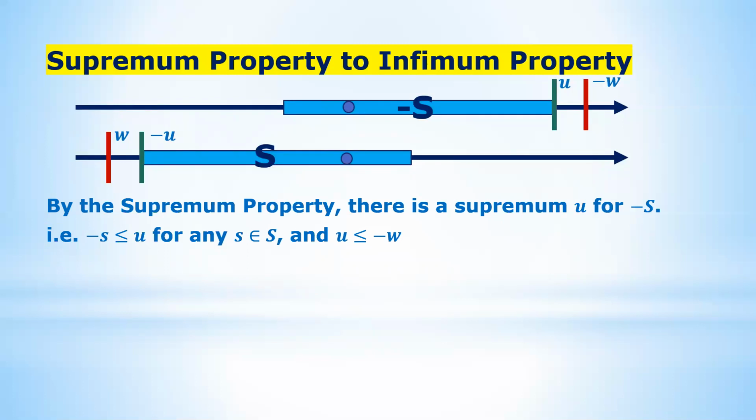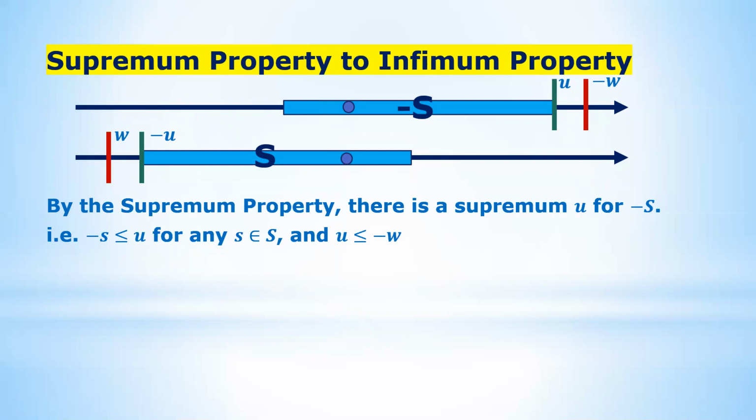Now you can see minus w is an arbitrary lower bound from the very beginning, right? After the reflection, minus w becomes an arbitrary upper bound for minus S, and u is the least upper bound. So u is obviously less than or equal to minus w.